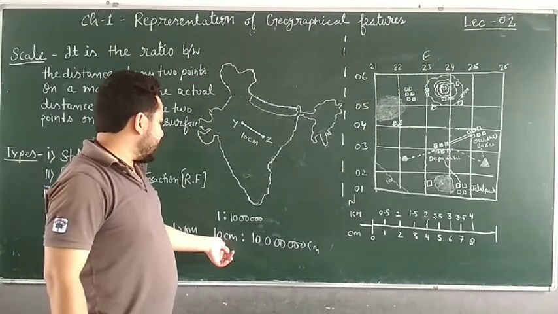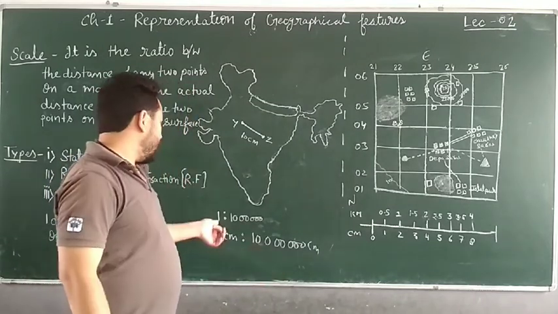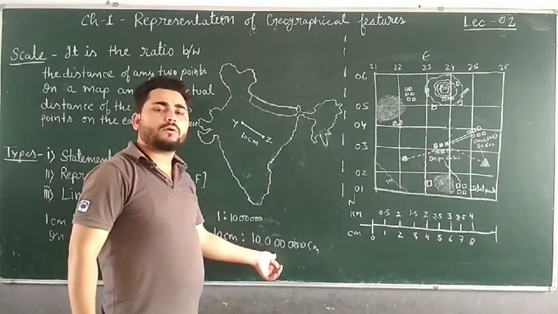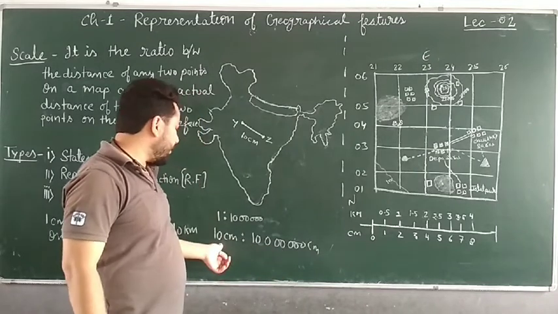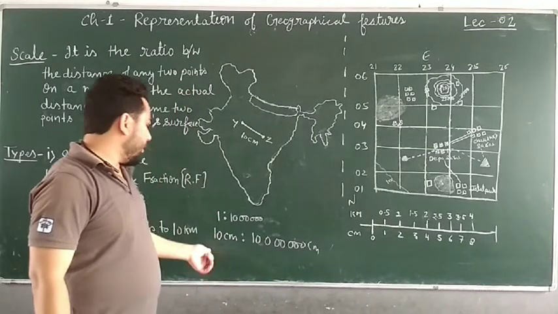So it is the distance on map and it is the distance on ground. 10 centimeter on paper and 1 crore on ground, right?